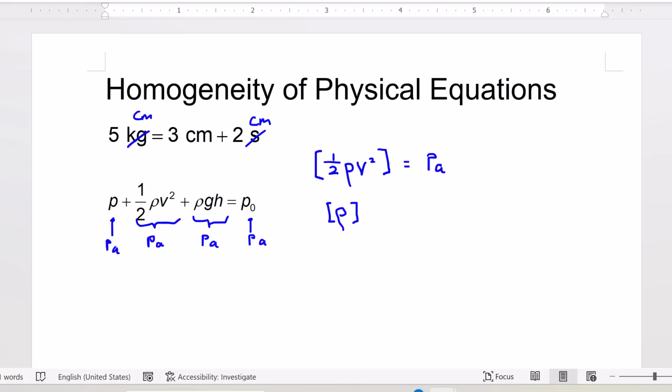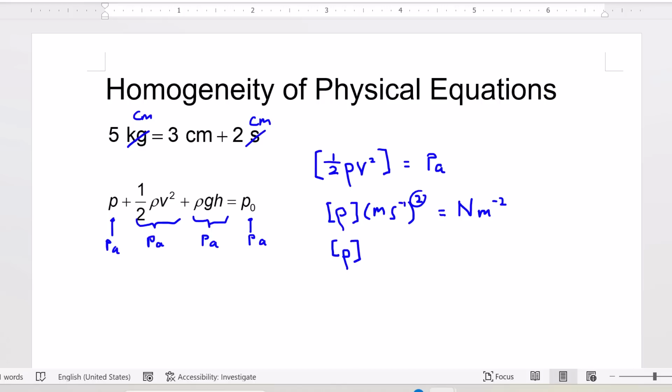So the unit of v squared is of course meter per second square. On the other side, we have the Pascal. But I think we should be working with base units, not derived units. So what is Pascal? It's actually Newton per meter square.